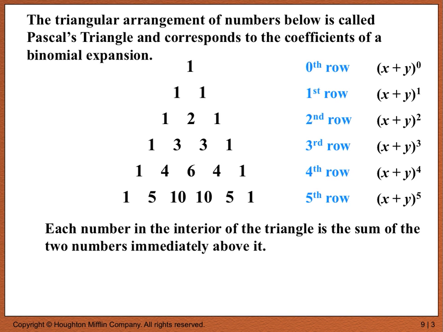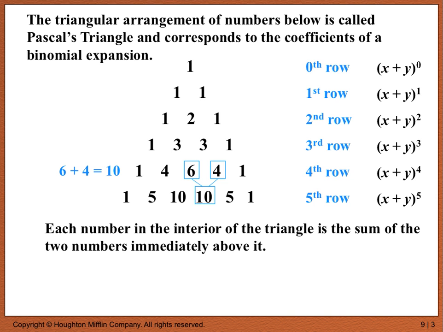Each number in the interior of the triangle is the sum of the two numbers immediately above it. And if you pick out any number that's inside the triangle, so I'm excluding the ones on the border, any other number in the triangle is the sum of the two numbers immediately above it.